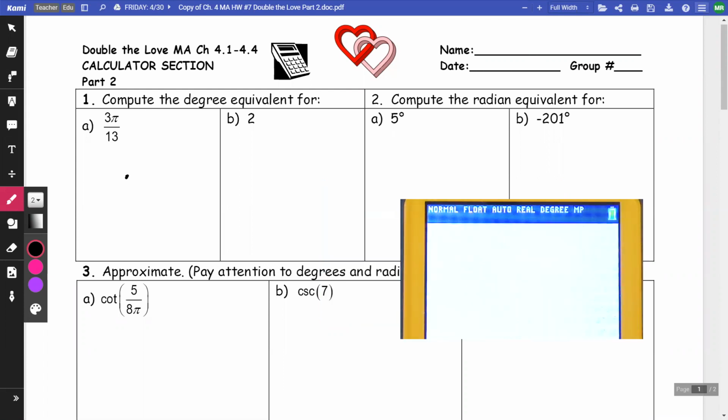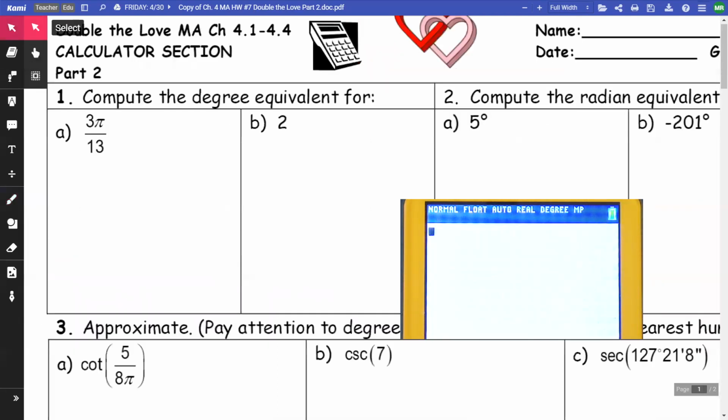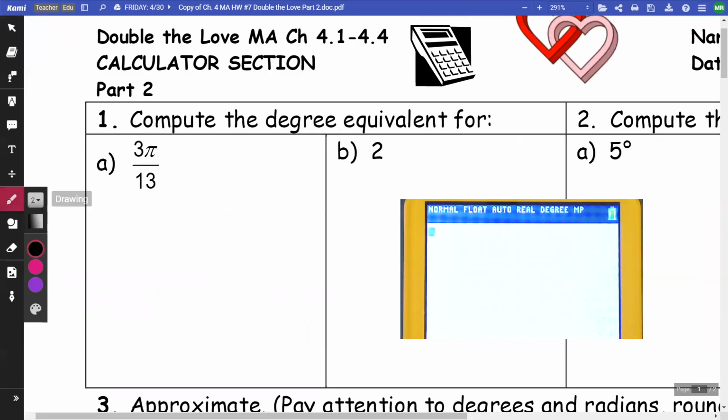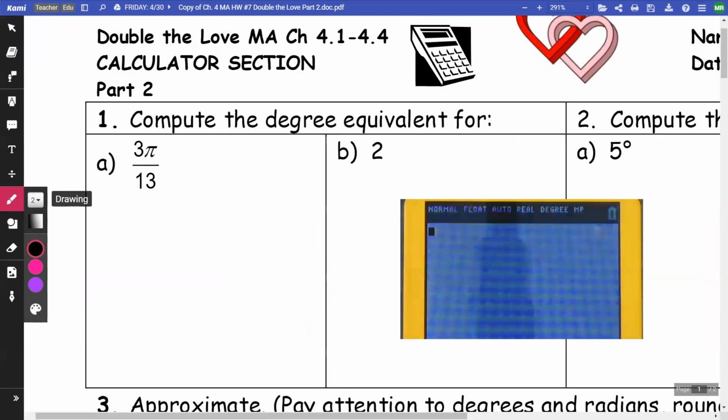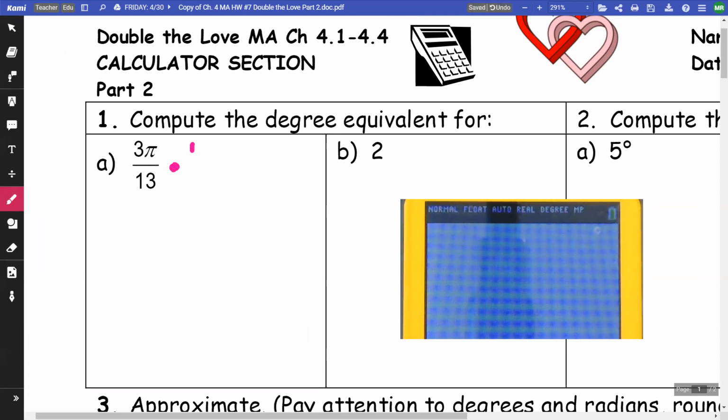In order to go from radians to degrees or degrees to radians, we're going to multiply. If I'm going from radians to degrees, I'm going to have 180 degrees over pi.